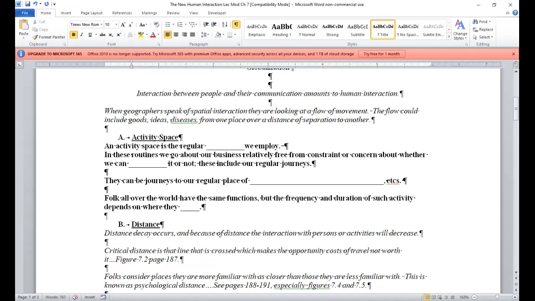each individual operates within a unique activity space whose nature and extent differs in accordance with someone's age, their sex, their wealth, their employment, or other personal variables.